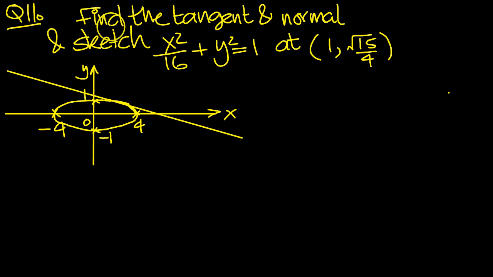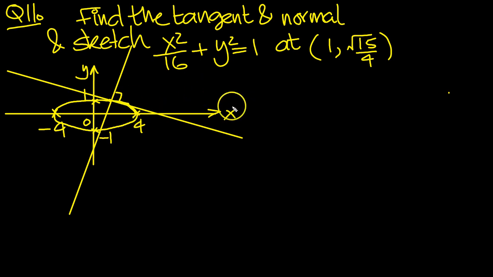There's the tangent, and then the normal, which will be up here somewhere. I'll try and draw that as best I can. Not necessarily terribly accurate in terms of scales and values, but approximately it should give us a gist of the tangent and normal and the way they are.